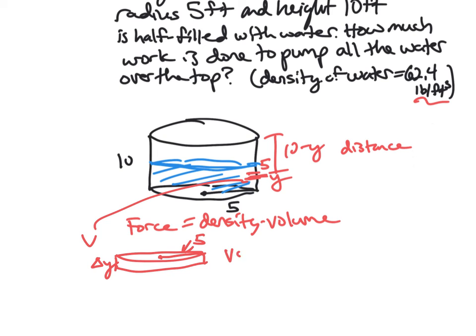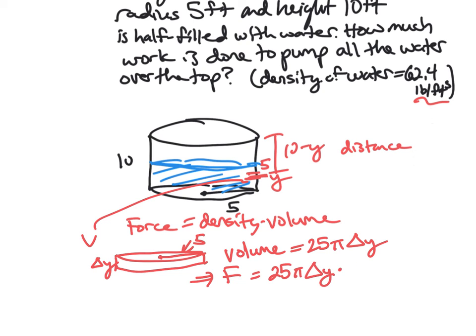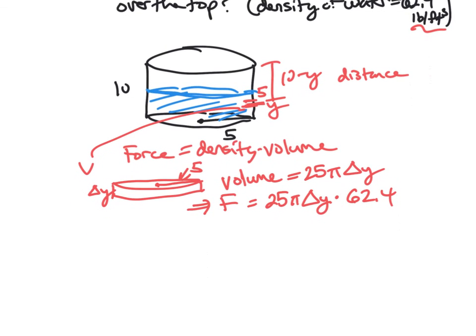And so my volume here of this little slice is going to be 25 pi times our delta y. And thus force, being density times volume, is 25 pi delta y times our 62.4 pounds per cubic feet from our density.